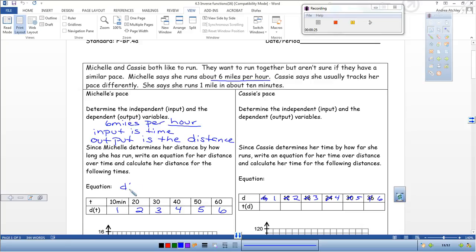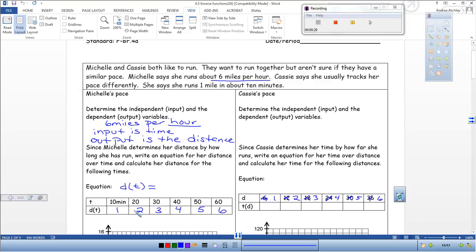So the distance over time equals, does anyone think they have the equation for this? What? X plus 6, I'm adding 6 to my time, so 10 plus 6 will give me 1. 20 plus 6 will give me 2. What am I doing to this time to get this?